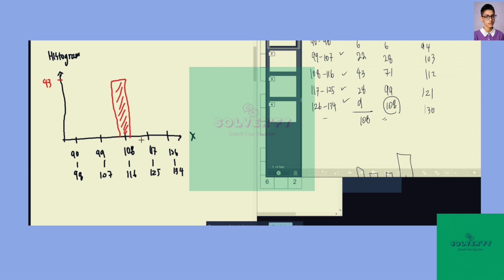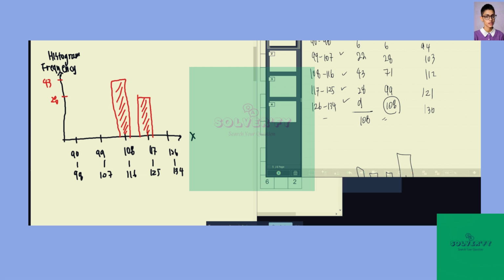The next one, right next to this, 117 to 125, has a frequency of 28. So it's somewhere there, and I'm going to put it over here. Make sure it matches the height. On the histogram, your vertical axis must always be frequency, and it's the height of your block.